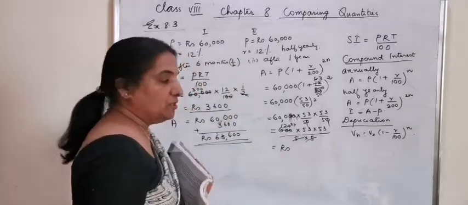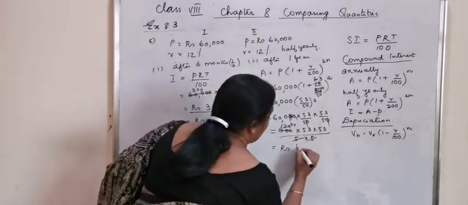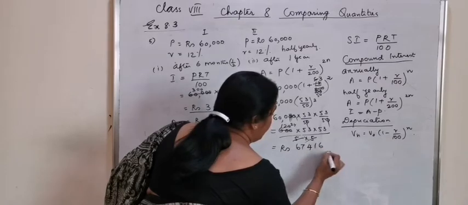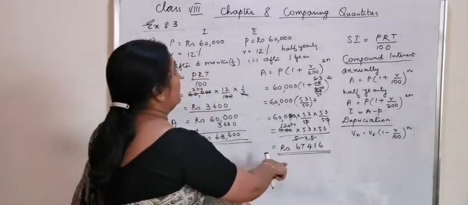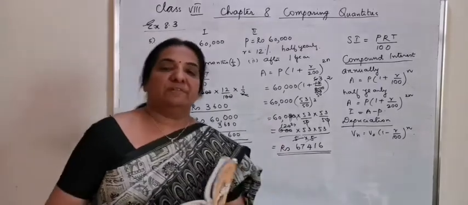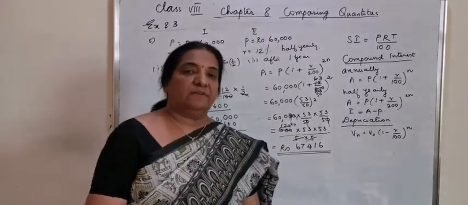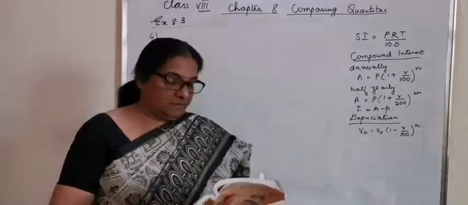By simplification, you will be getting the answer as rupees 67,416. That will be the second part. That means the amount he will be receiving after 1 year when compounded half yearly.